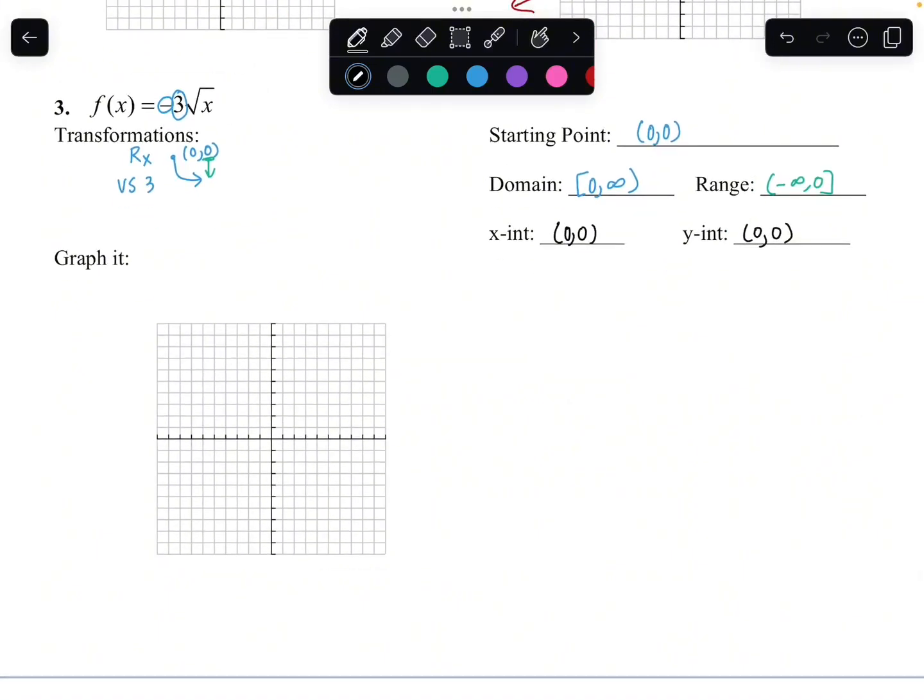And so to graph it, we have 0, 0 as the starting point. And then usually it goes over 1, up 1, and then up 1 more over 3, up 1 over 5. But it's now upside down. And so that would take these points below the x-axis.